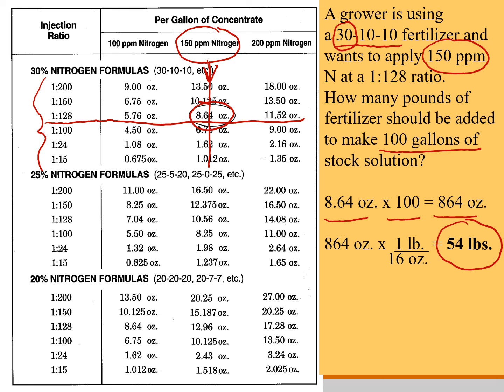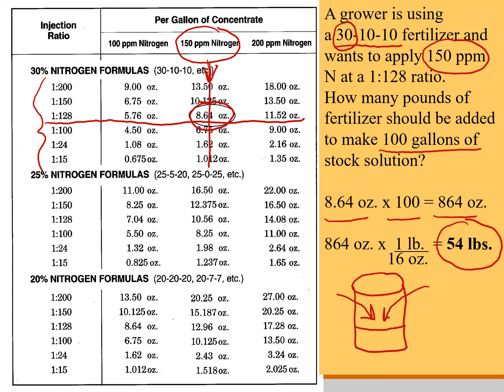And typically the fertilizer dissolves better in warm water. So practically speaking, how you would do this is, if I draw you a little stock container here, I would go ahead and put in some water, maybe 20 gallons of water or so. And then I would start adding my fertilizer.